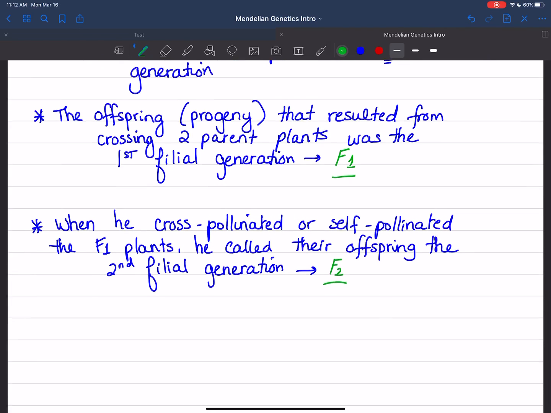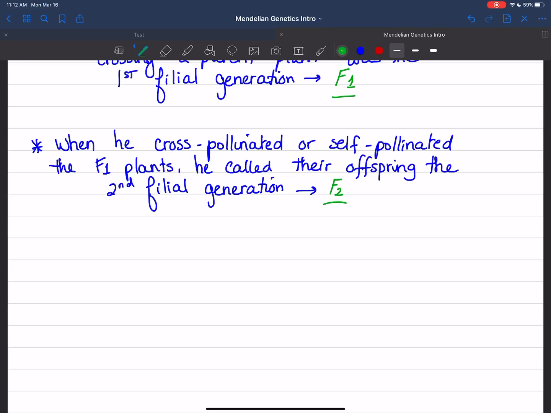Okay. So now that we've seen a little bit of the definitions, some of those things that we need to know as we go into it, let's look at monohybrid crosses.